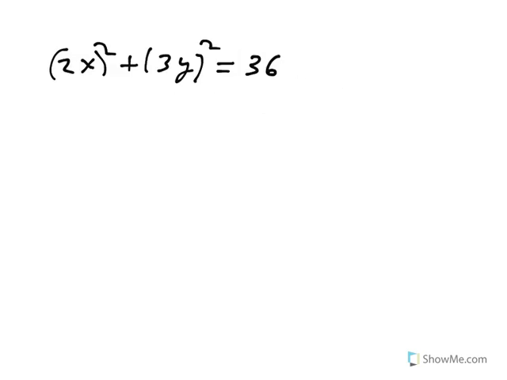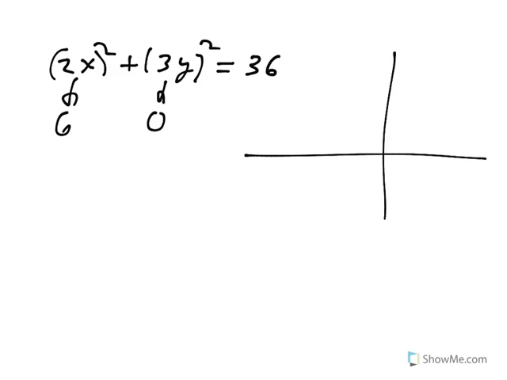An equation of this form is going to be an ellipse, and if I had an equation like this, I could graph it. I could just think of what the x-intercepts are going to be. So anything that makes this 6 and that 0 is going to make it equal 36. On the other hand, if the thing on the left is 0 squared and the thing on the right is 6 squared, that will work also.